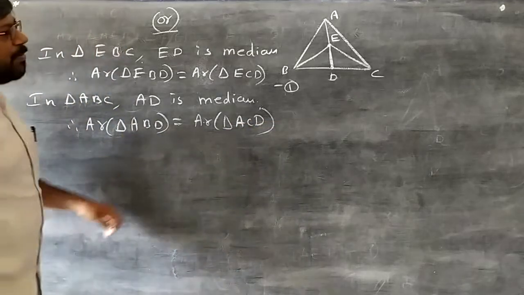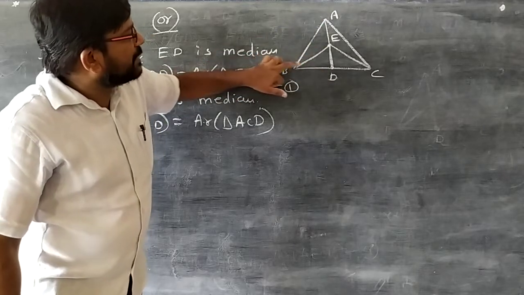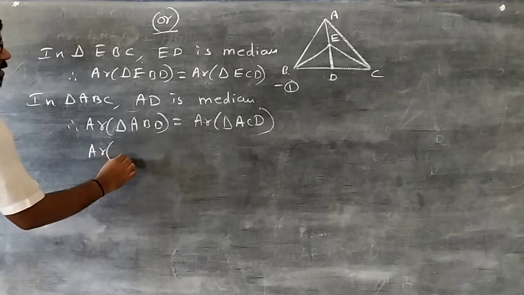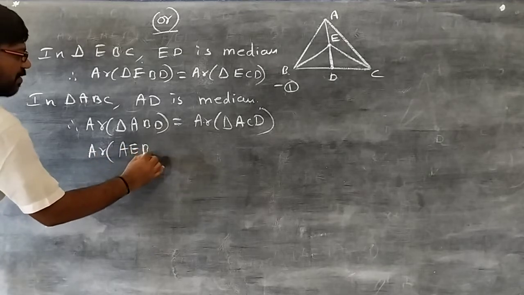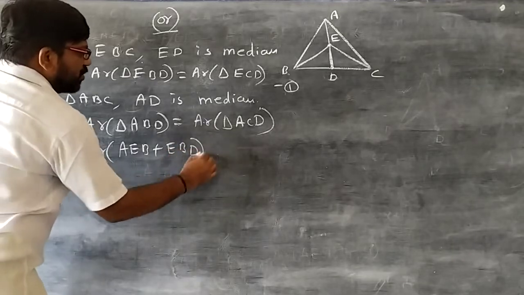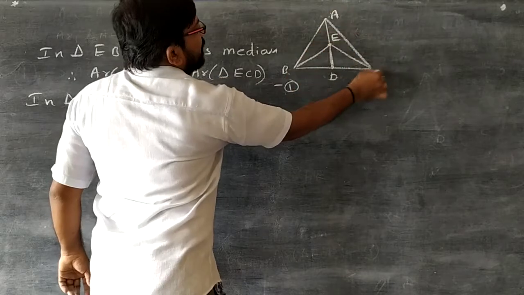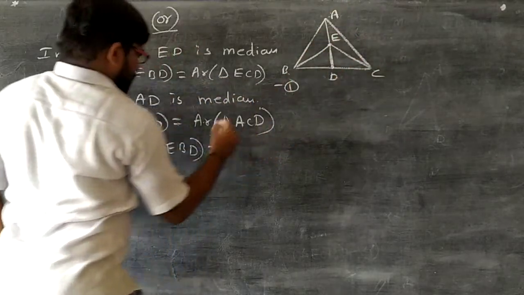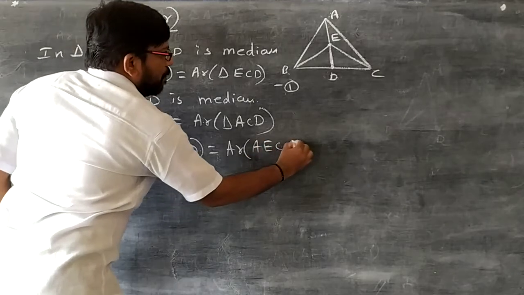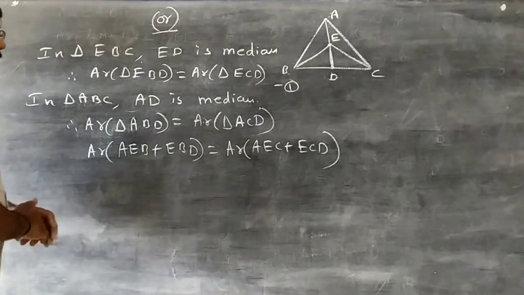ABD can be written as AEB plus EBD. In the same way, ACD can be written as AEC plus ECD.